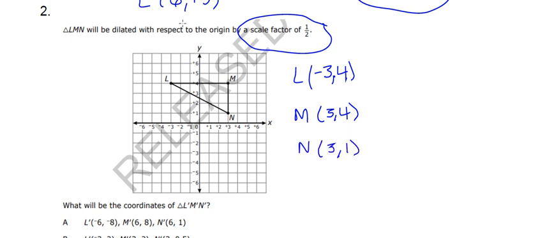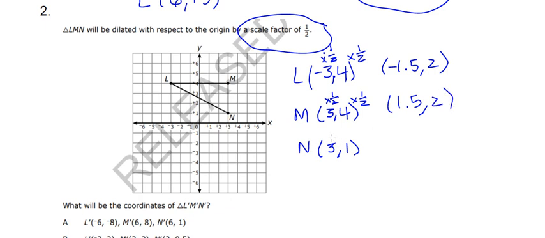So basically it's saying that I'm going to multiply each of these by 1/2. So -3 times 1/2 and 4 times 1/2. Well, -3 times 1/2 is -1.5, and 4 times 1/2 is 2. 3 times 1/2 is positive 1.5, and 4 times 1/2 is still 2.